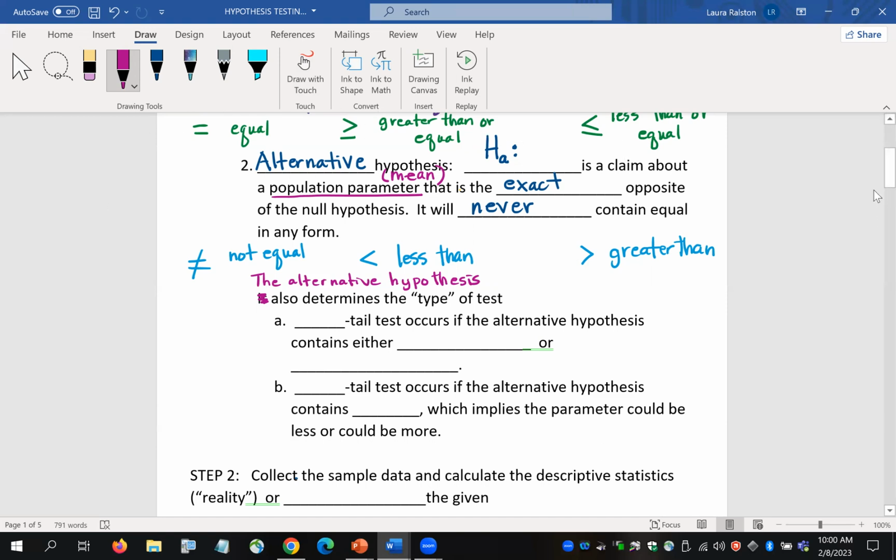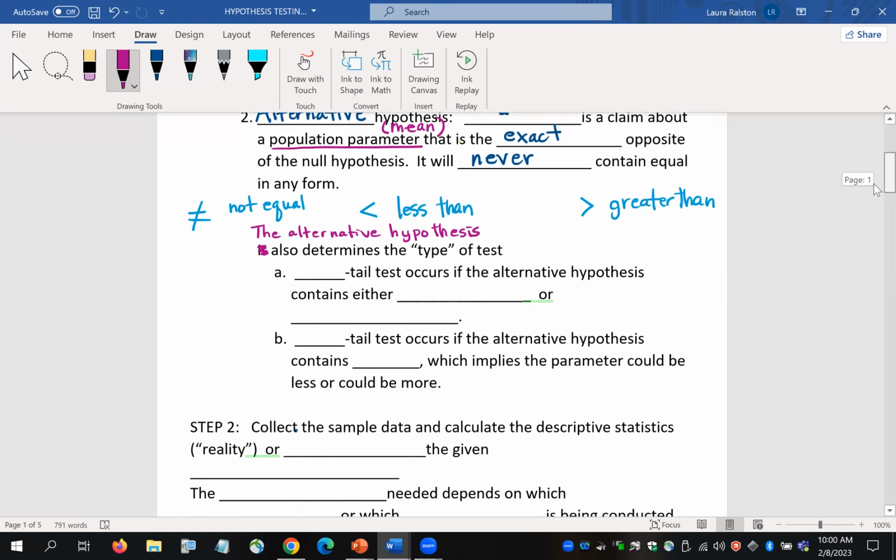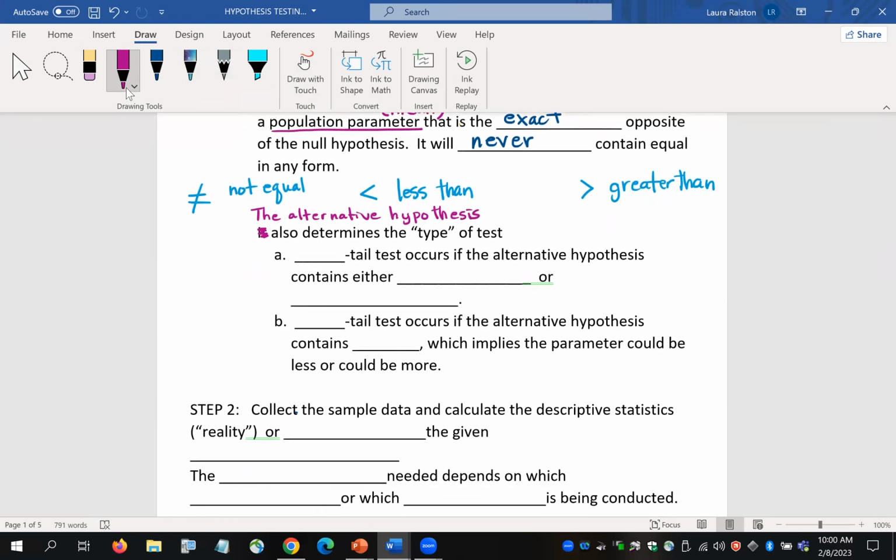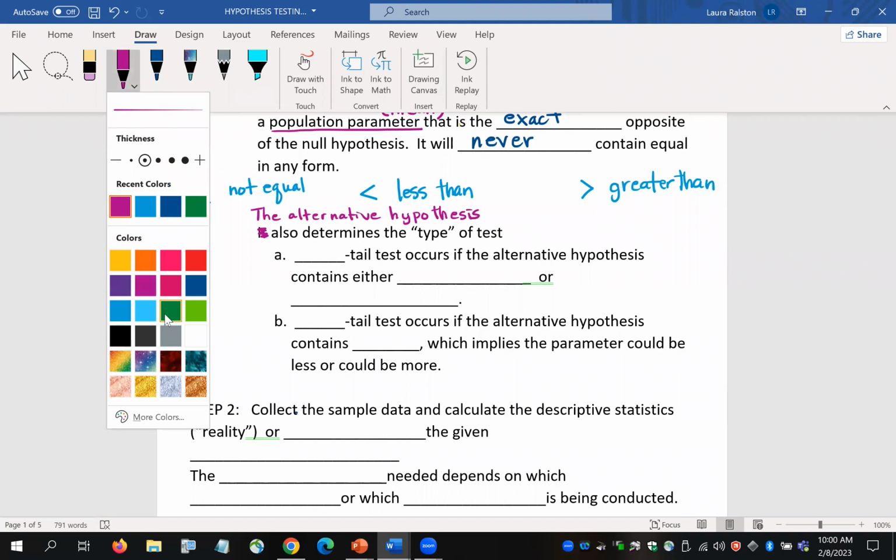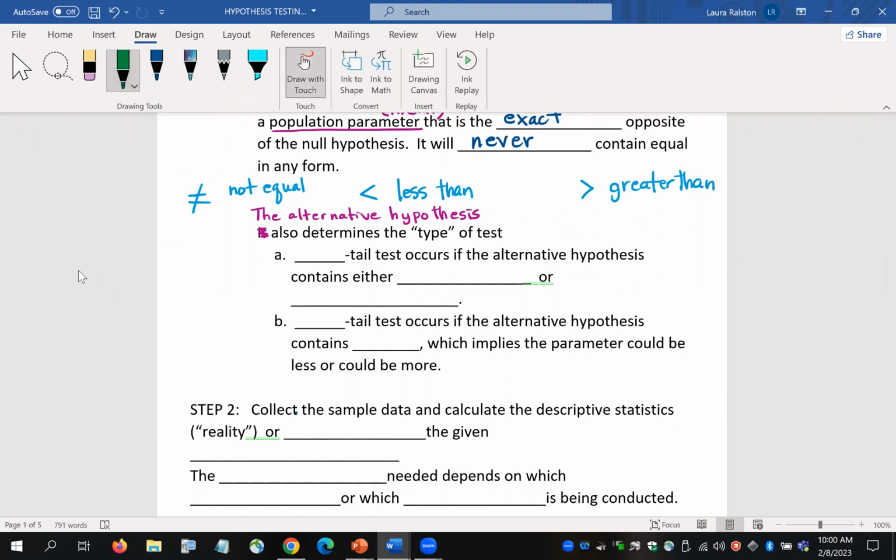And there are two types. The first one is called a one-tail test. And it occurs if the alternative hypothesis contains either less than or greater than.